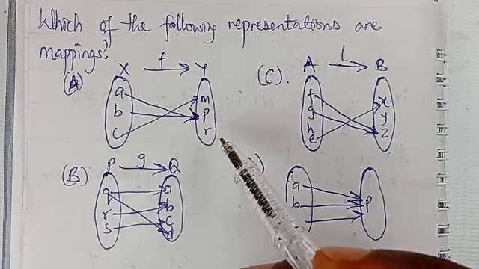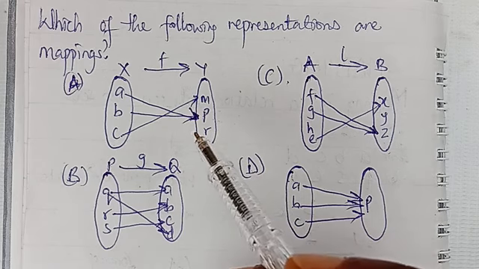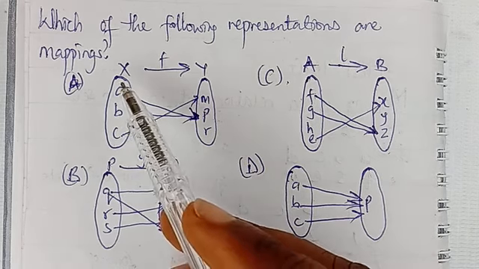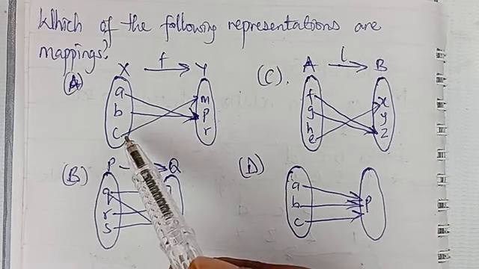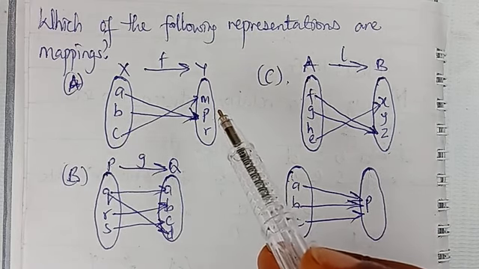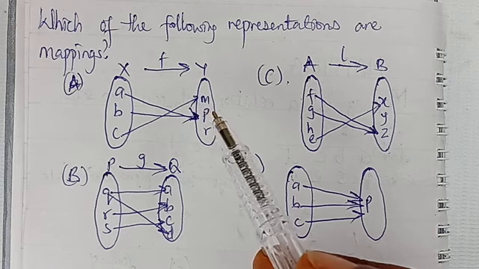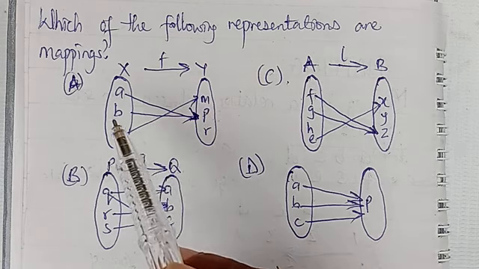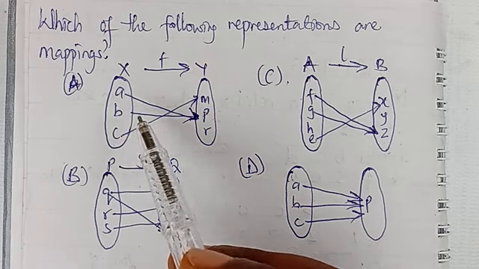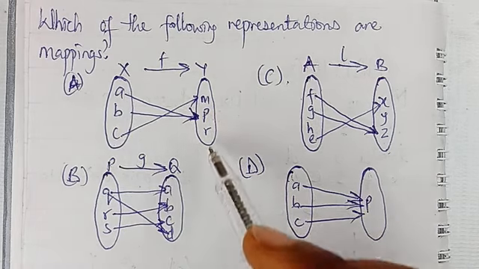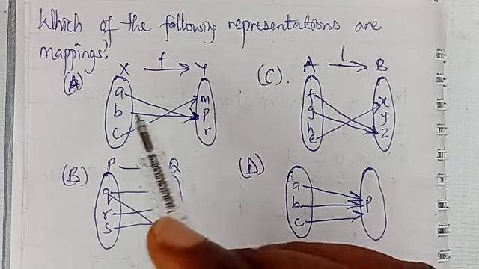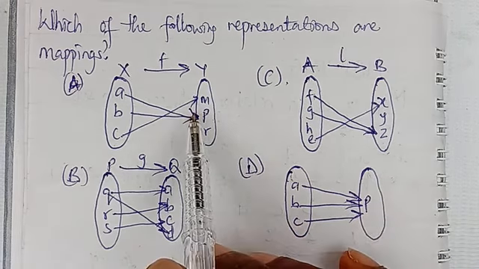So this doesn't really matter. All it covers is that for every element in the domain, there is a codomain element that it is mapped to or related to, and that there is none here that is related to 2 elements in the codomain. So that is all. That means this is a mapping.